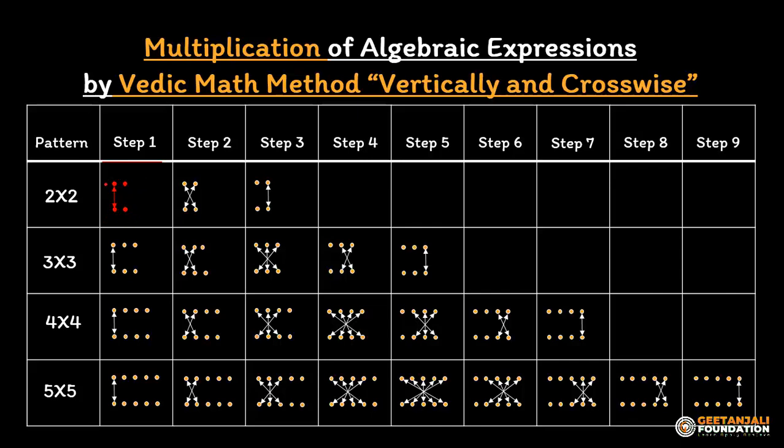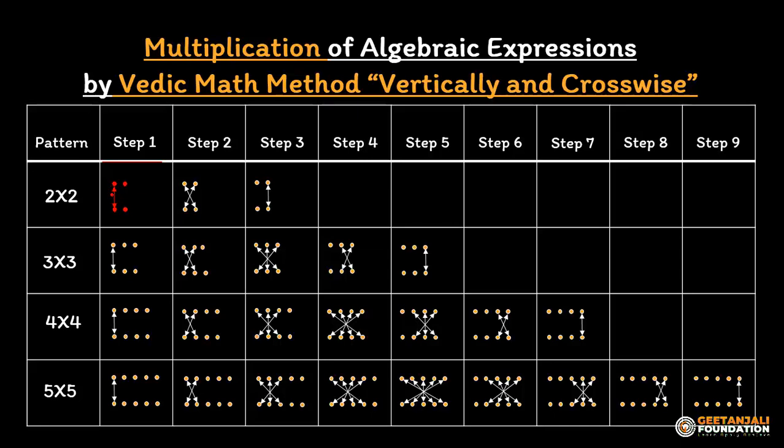This dot represents the first term of the first binomial and this dot represents the second term of the first binomial. This dot represents the first term of the second binomial and this dot represents the second term of the second binomial. When we say terms, it means we are taking terms along with their signs.